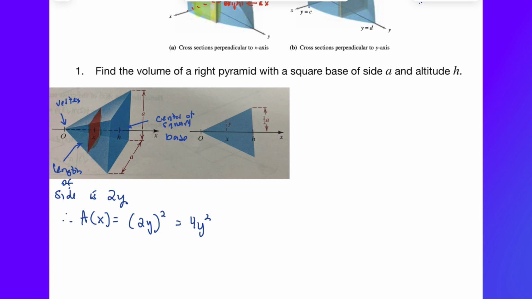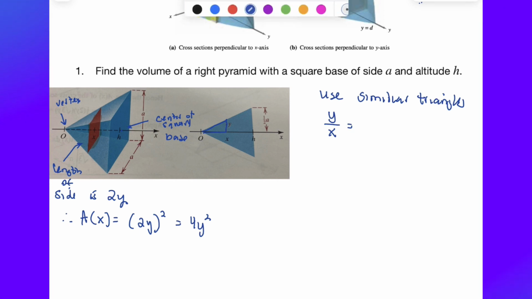Now I need to get this y in terms of x. So I look at my second 2D object here, and I'm going to use something called similar triangles to relate my x to the y. This helps you see why that distance was 1/2 a, not just a. Looking at this small triangle, the ratio of y to x is equal to, looking at this larger triangle, the corresponding sides: 1/2 a is the height of that triangle, and its base is h.